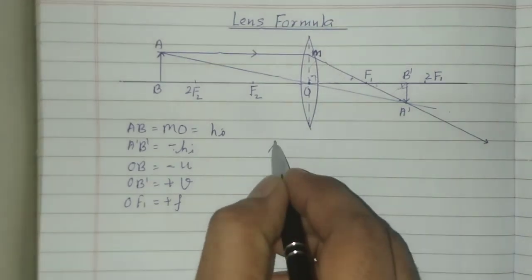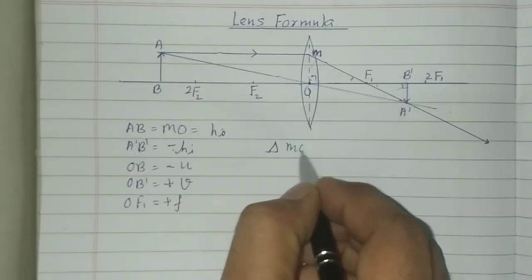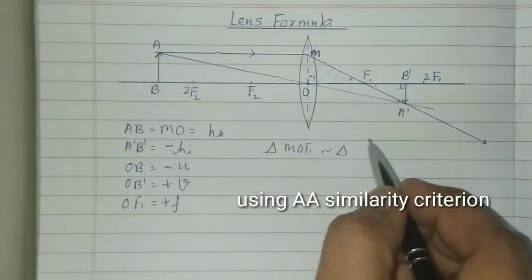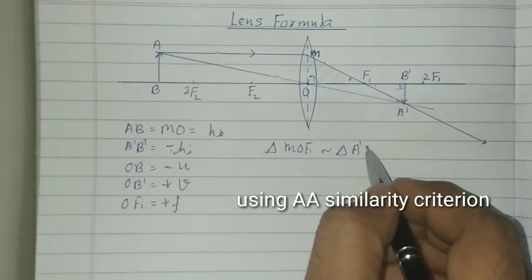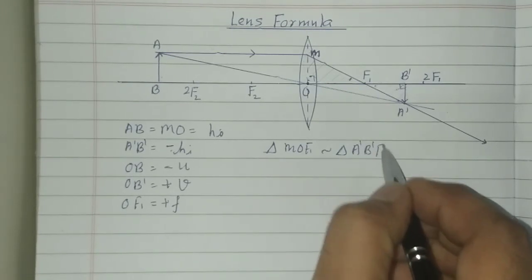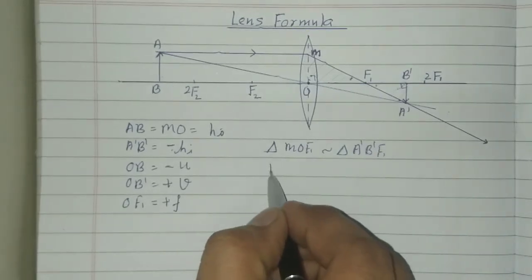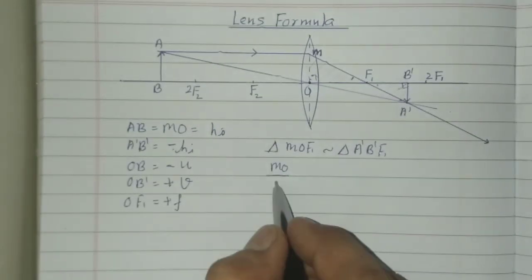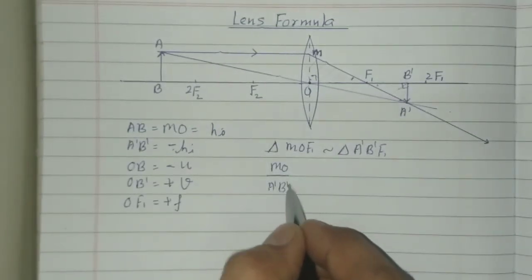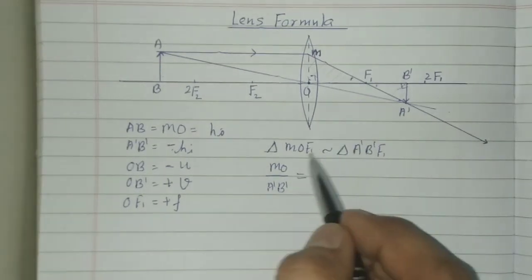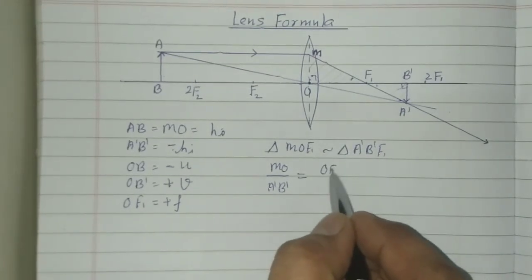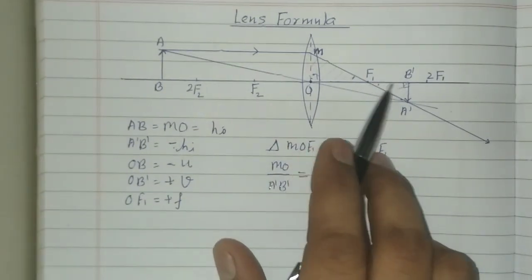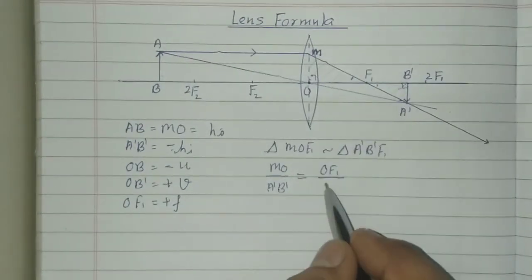Hence we have triangle MOF1 is similar to triangle A dash B dash F1. So we have MO upon A dash B dash is equal to OF1 upon B dash F1.